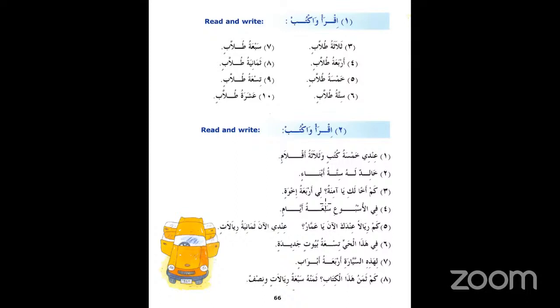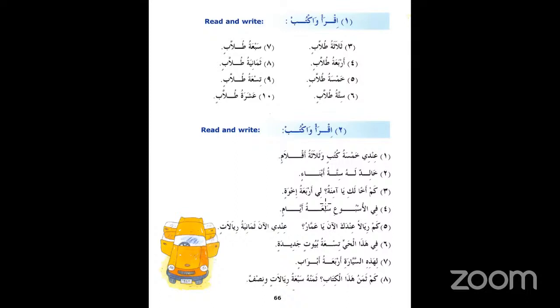Change the question first, Sister Alia. So kam akhan laki ya Amina. So how many brothers do you have, Amina? Change the question to feminine first. From brothers to sisters. Li ukhtin. No. So kam akhan laki ya Amina is how many brothers you have. So change that to sisters. Kam... sisters?